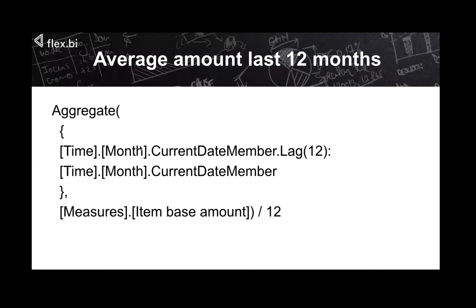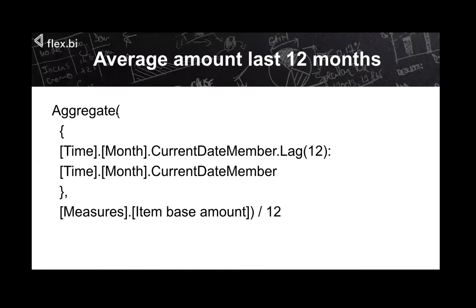So we take the times months current date member. So for today, it would be the August, and return the month 12 months ago. And this makes it also include everything in between. So that will make it from August last year to August right now.